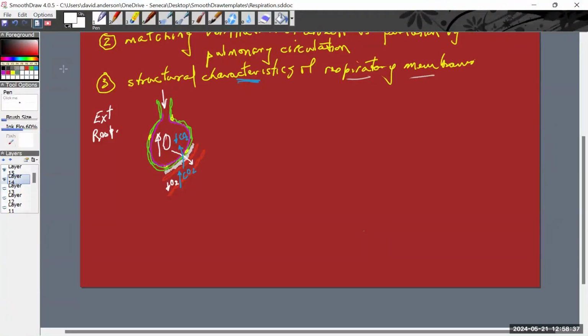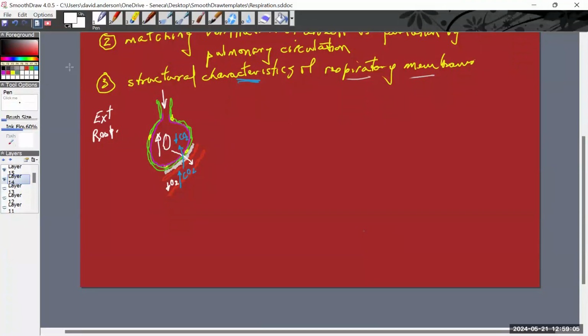So if I understand you, when it gets into the alveoli, the alveoli is enriched with oxygen, a higher concentration of oxygen, and a lower concentration of CO2, carbon dioxide.